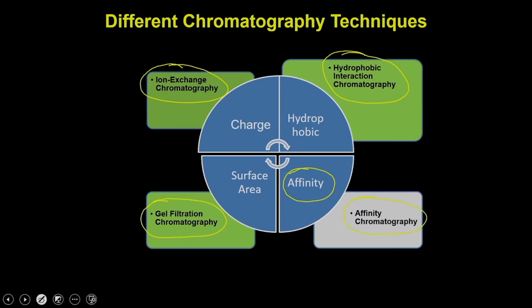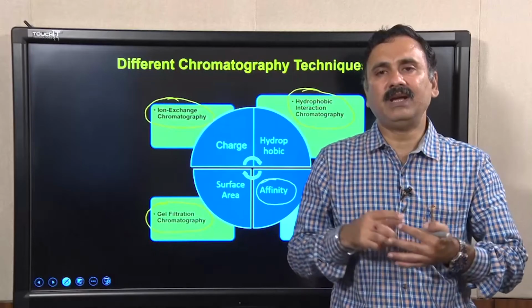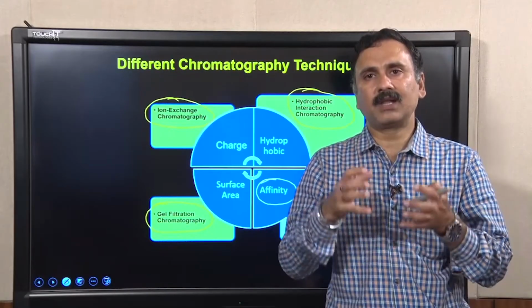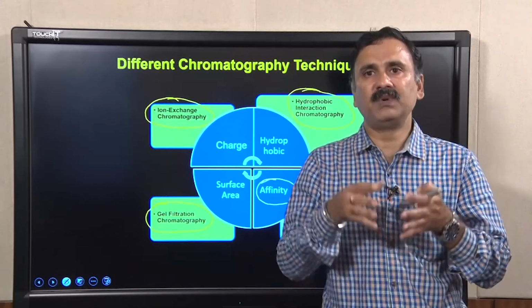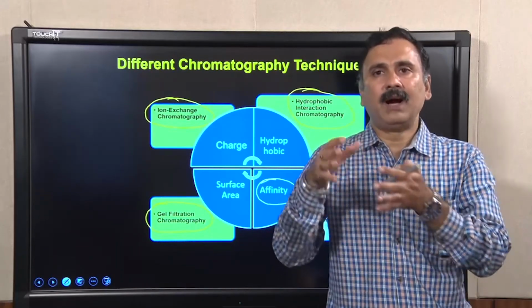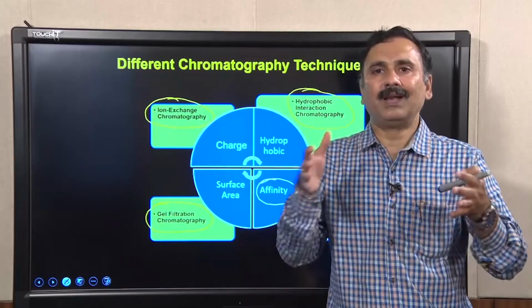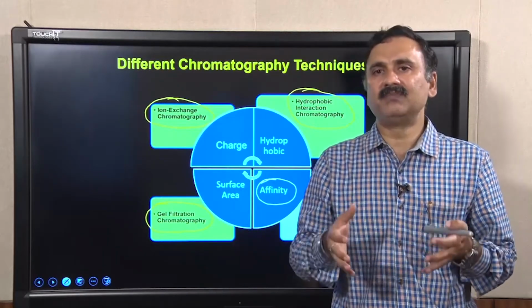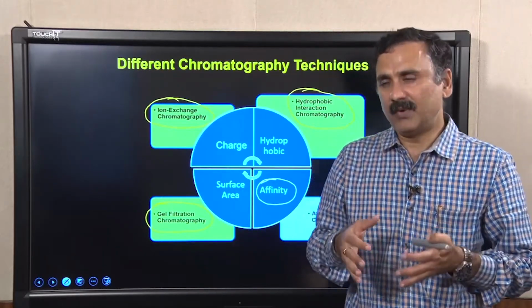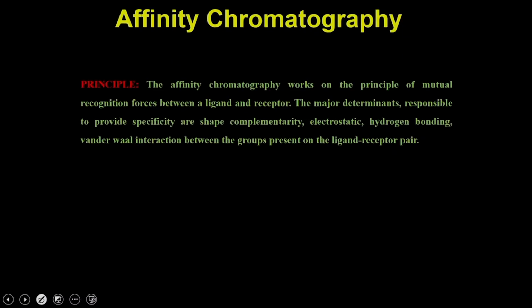As the name suggests, affinity chromatography works on the exclusive recognition of a particular receptor for a ligand, and that is the basic principle of affinity chromatography. It works on the mutual recognition forces between the ligand and the receptor.